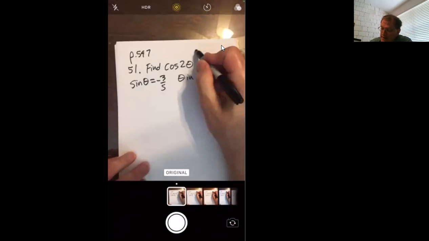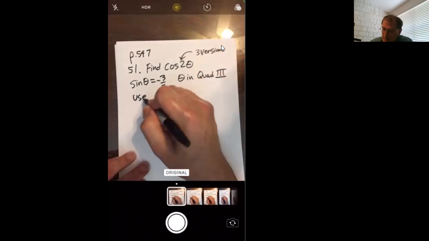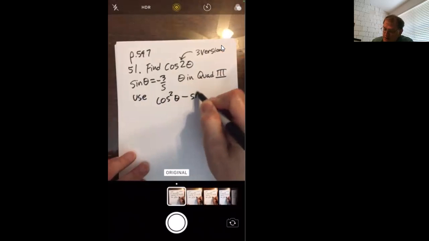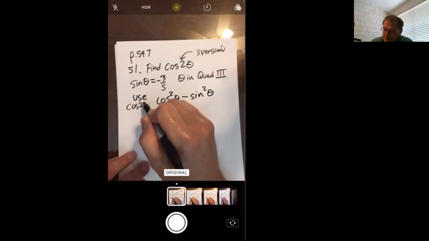Again, remember there are 3 versions of this. I'm going to use cosine squared theta minus sine squared theta. I guess I'm just used to using it.